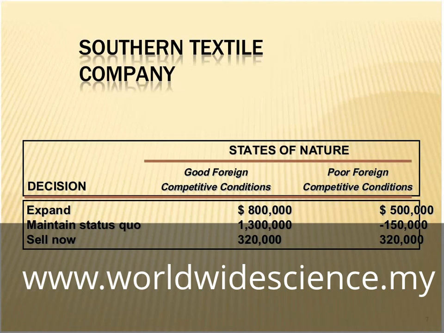The operation manager calculates that if you want to expand the company in good foreign competitive condition, you will earn approximately 800,000 US dollars. But if the foreign competitive condition is poor, the profit will be 500,000. But if you want to maintain this situation, you maintain the machinery and equipment and reuse them again.